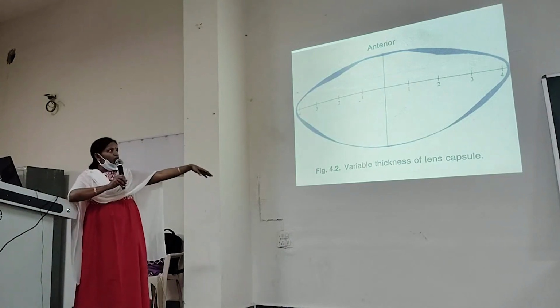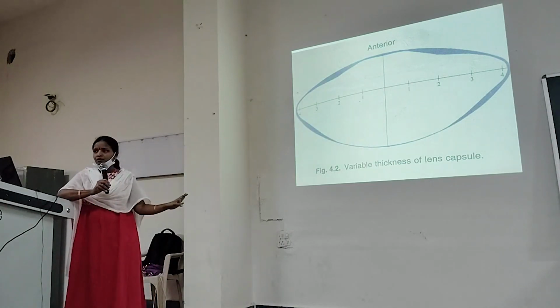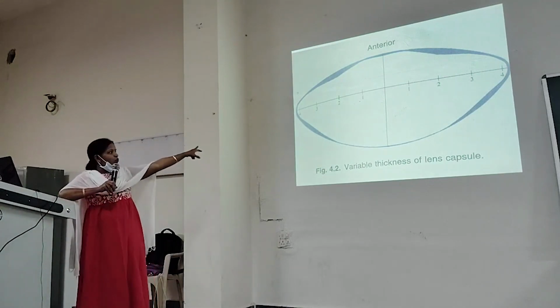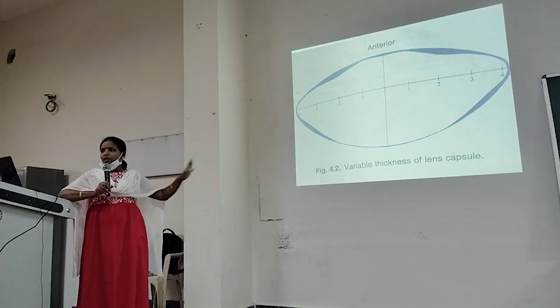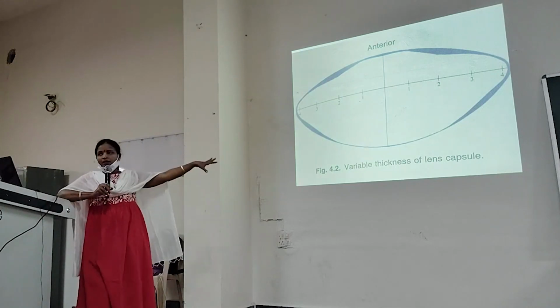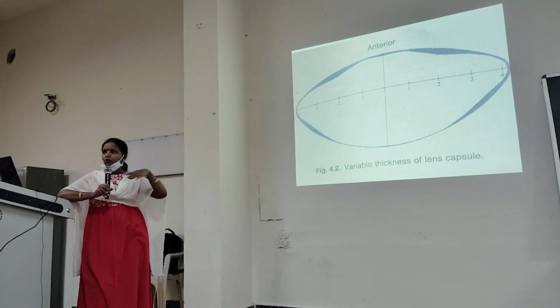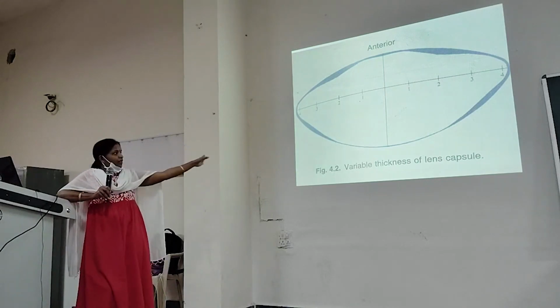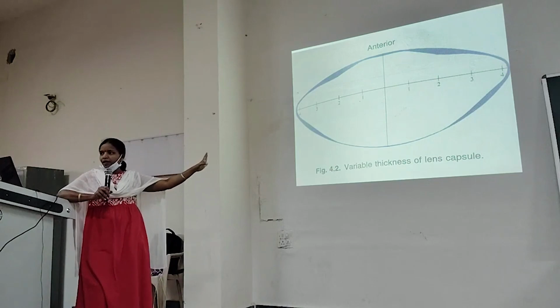We remove the entire substance of the lens, the cataractous portion, but this posterior capsule has to be kept intact. We should not injure the posterior capsule because we keep an artificial lens into this bag. We remove the entire contents of the lens, and we still maintain this posterior capsule intact.